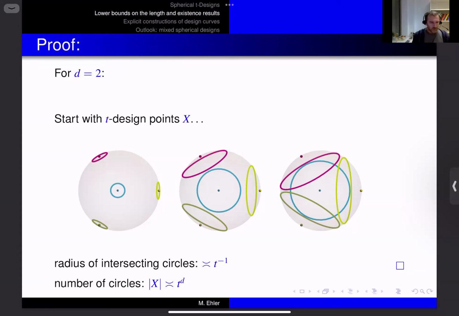And we have the number of circles is, well, this is the bound that Bondarenko, Radchenko, Viazovska achieved. This is t to the d.